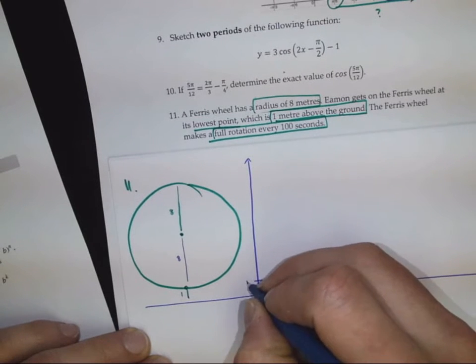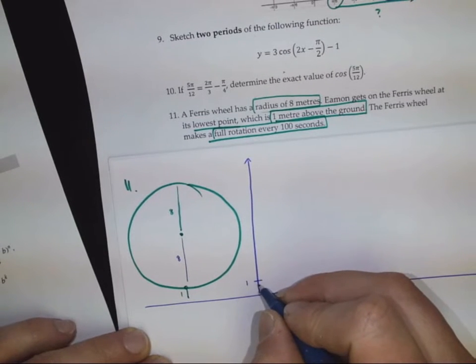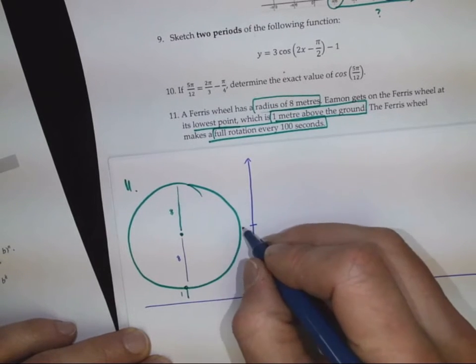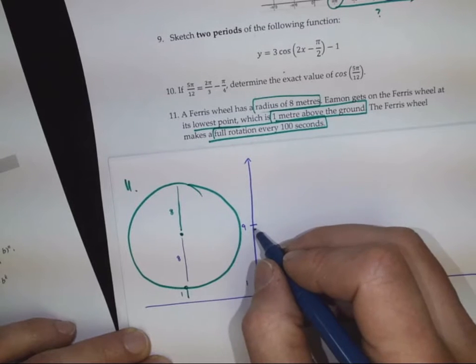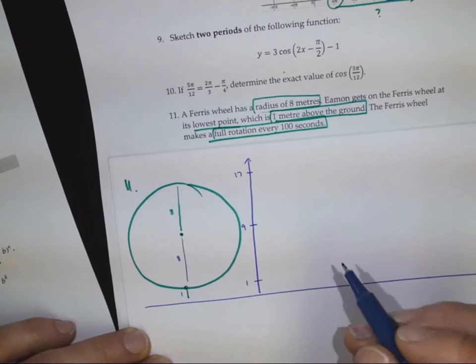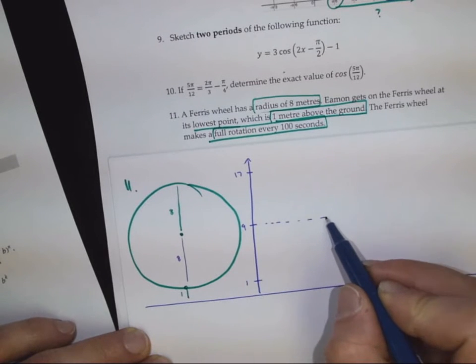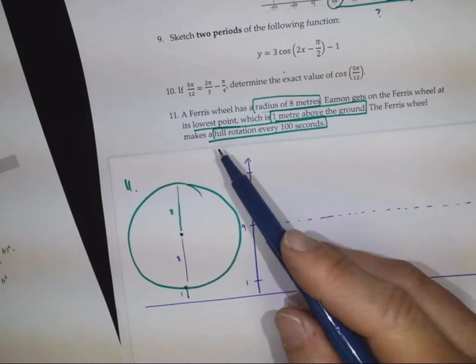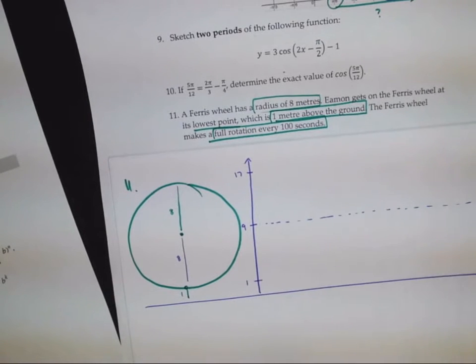So that value that Eamon's going to get on at is 1 here. It's going to go as high as what baseline there is, 9. And all the way up here is 9 plus 8, which is 17. So we're told Eamon gets on at the lowest point. So we know that Eamon starts here.